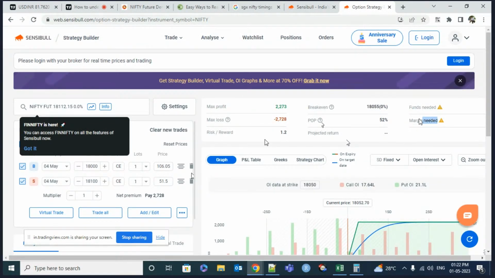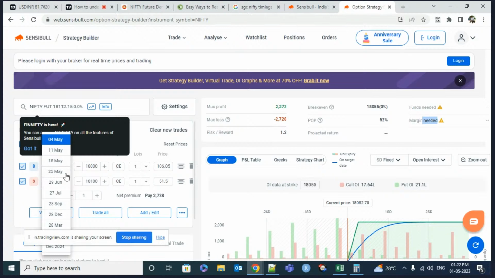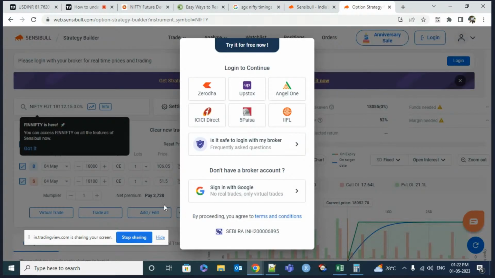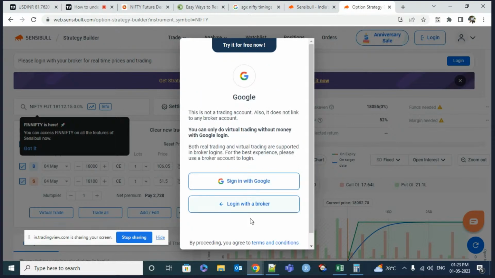So I don't know if I can make something here. Let me show if I can add a future here. This is an option, add. No, I need to log in with my account actually. Let me see here.